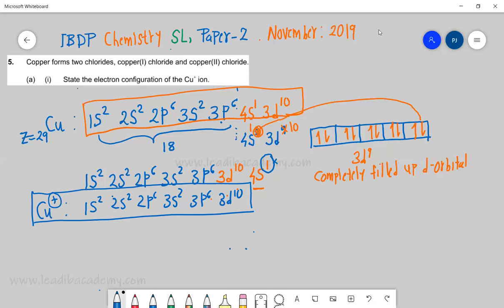Okay, so that d orbital is completely filled up, 3d10. And then the second thing, interesting one, that after this filling up of the electrons, again the normalcy is retained. That means 3d will get lowered, and it will come inside while 4s1 will be outside.